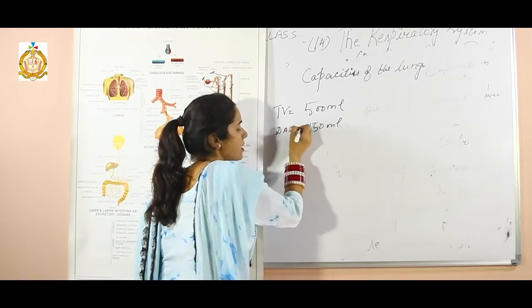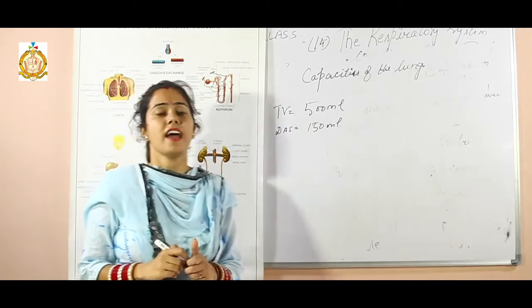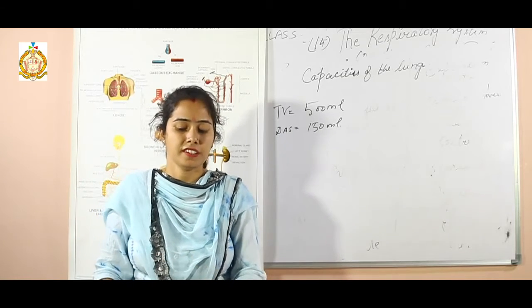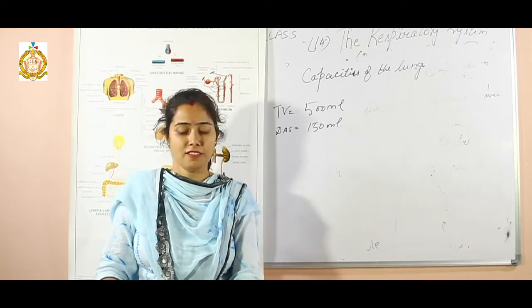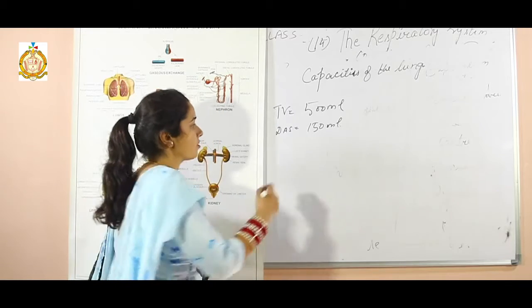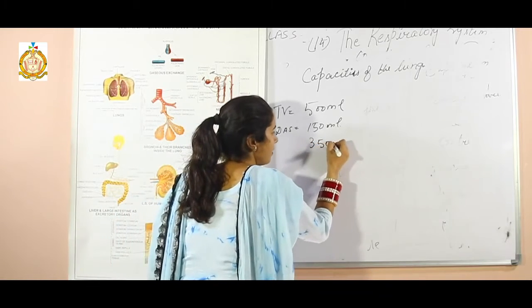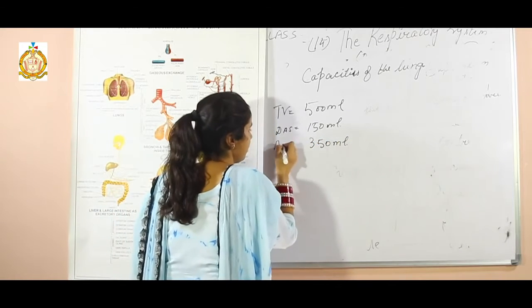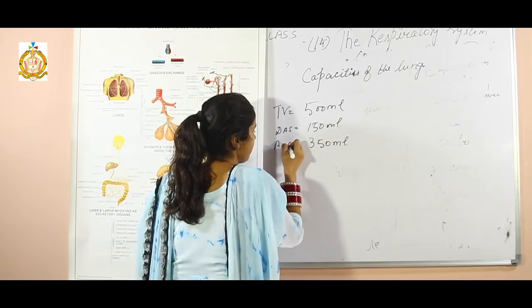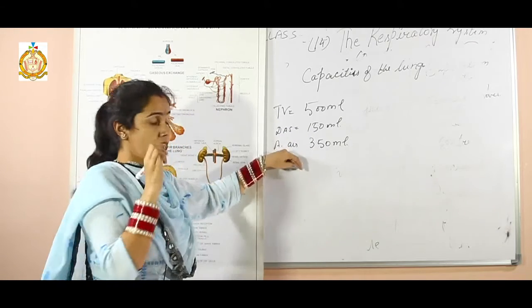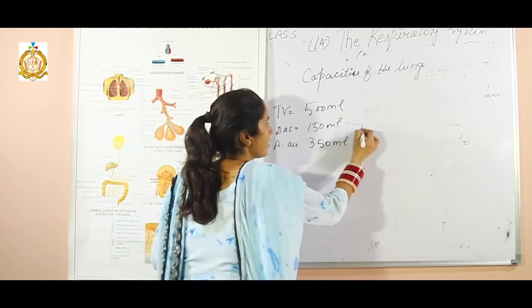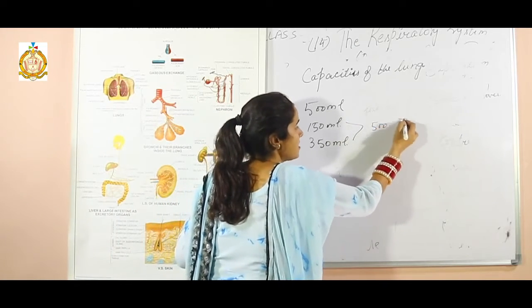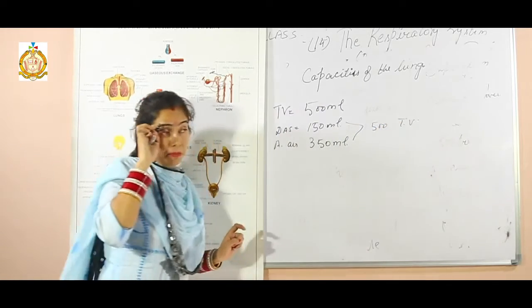Next is alveolar air. The tidal air contained in the air sacs is known as alveolar air, and the value is 350 ml. 150 plus 350 is 500, that is the tidal volume.